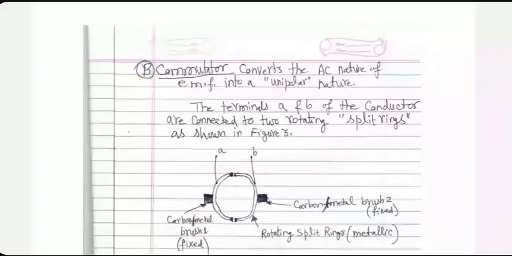In fact, they are connected to the rotor. But let's put a bit of a break between them, so they are not physically connected. It's not a circle. You are getting almost half circles. And you connect the two output terminals of the rotating conductor or rotating loop to these halves.